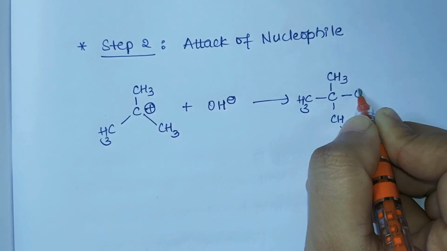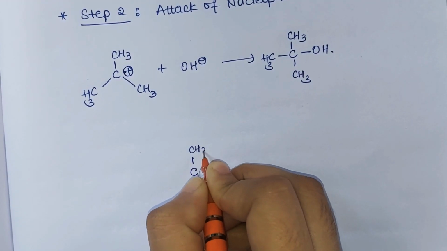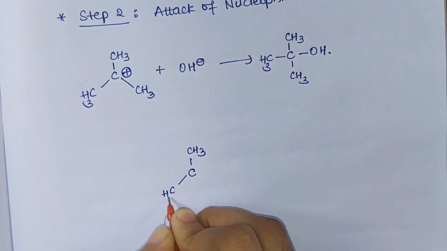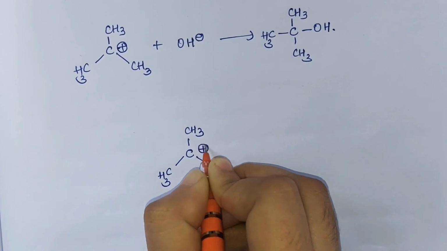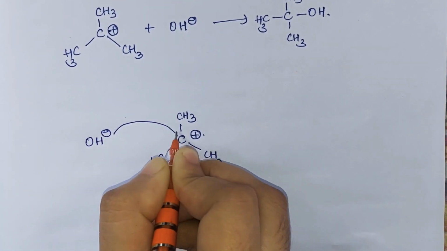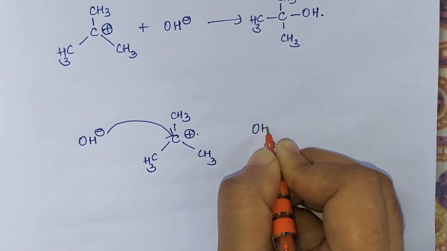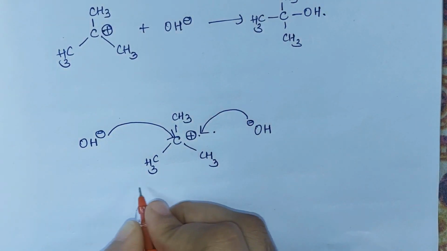Now, to understand the nature of the product, we'll rewrite step 2. In step 2 we had a carbocation where the carbon is positively charged. We don't have any polar bond over here, because of which the nucleophile can attack either from the back side, that is the rear side, or from the front side. So what is the nature of the product we'll observe here?